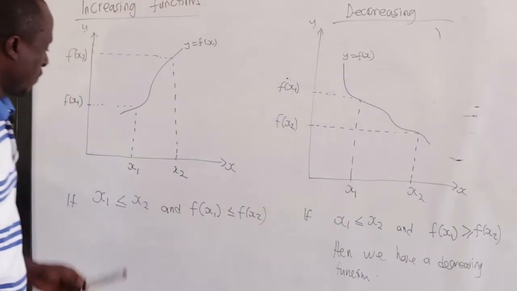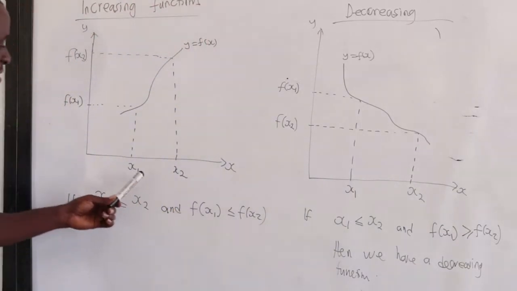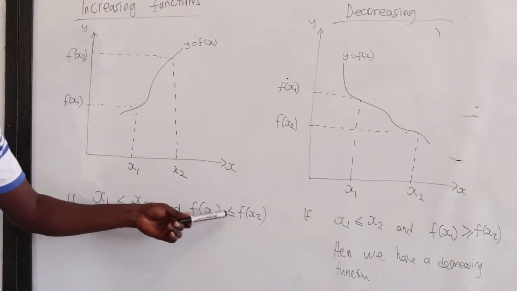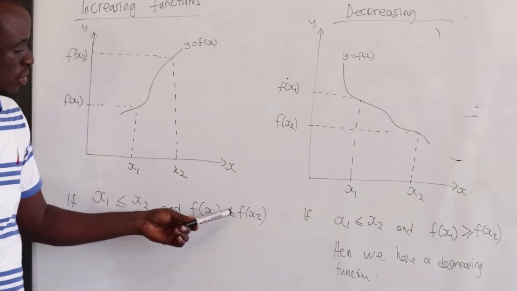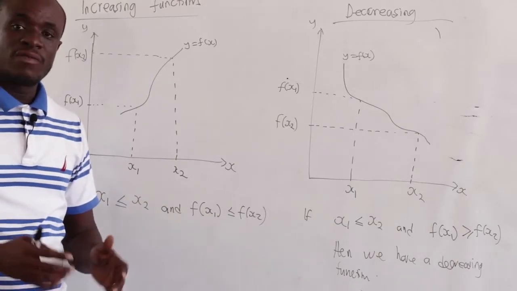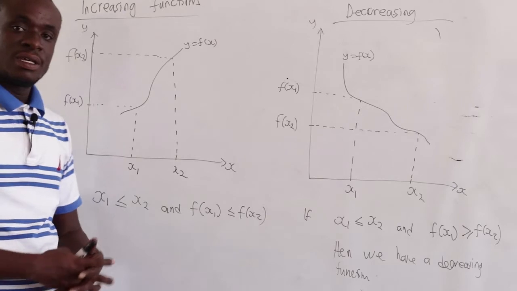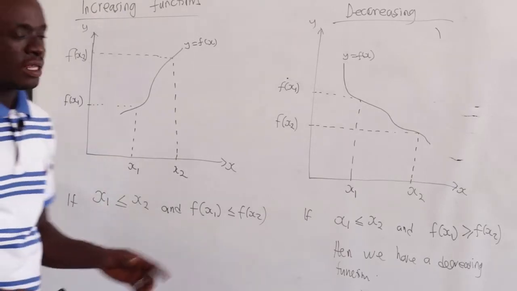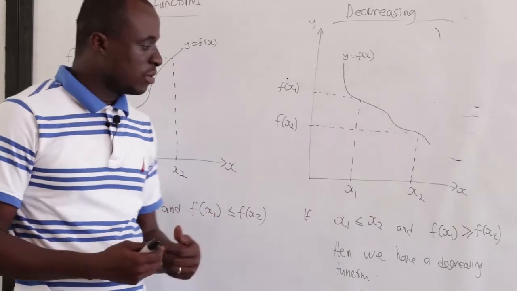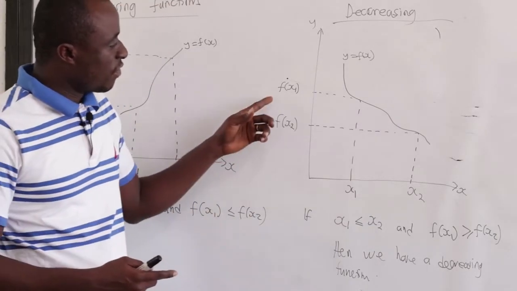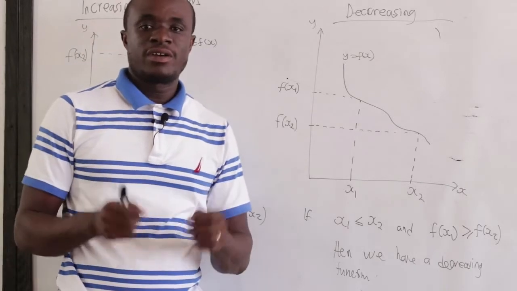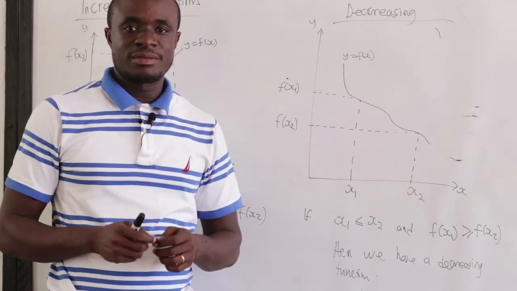So first, if x1 is less or equal to x2 and f of x1 is less or equal to f of x2, then we say the function is increasing. On the other hand, if x1 is less or equal to x2 implies that f of x1 is greater or equal to f of x2, then we say the function is decreasing.